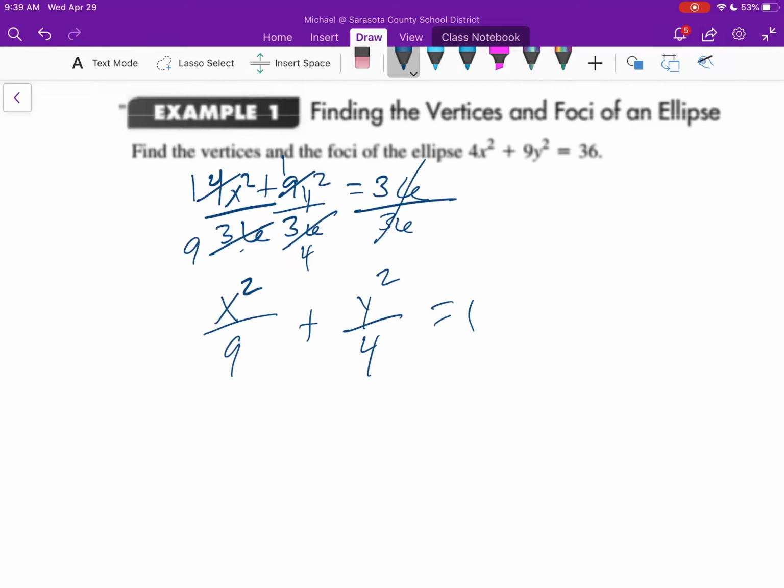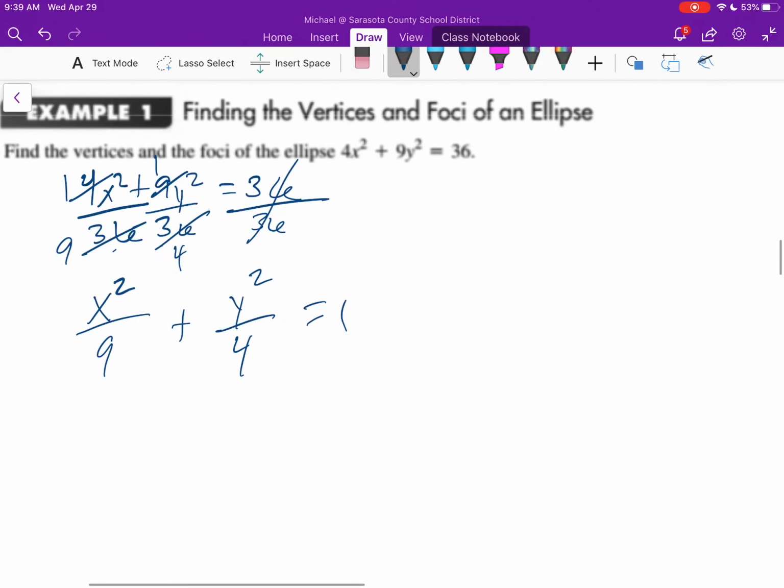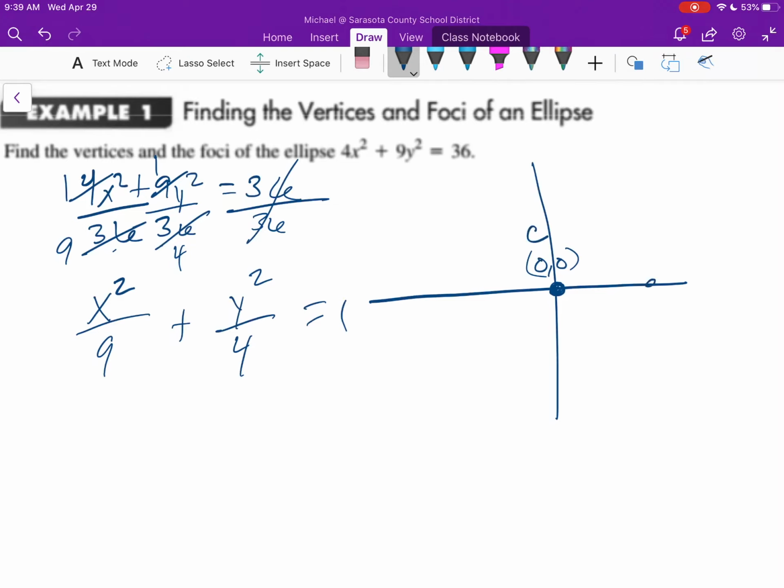And so let's really see what we're looking at here. So I'm going to draw a quick representation of this. We know we're centered at the origin because it's just x minus 0 and y minus 0. And then we want to think, all right, what do we know? Well, we know the distance of lowercase a. If you remember from the previous video, the distance of lowercase a is the distance from the center to the vertex.